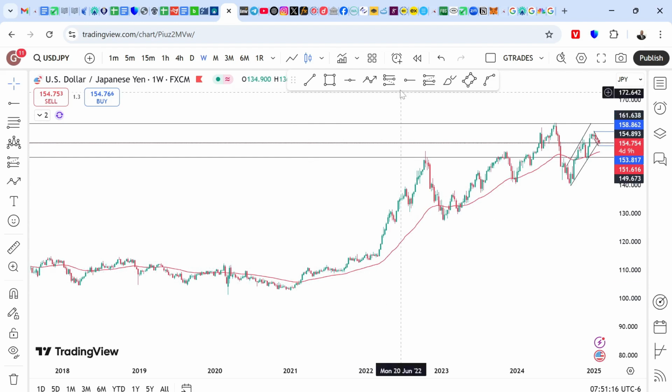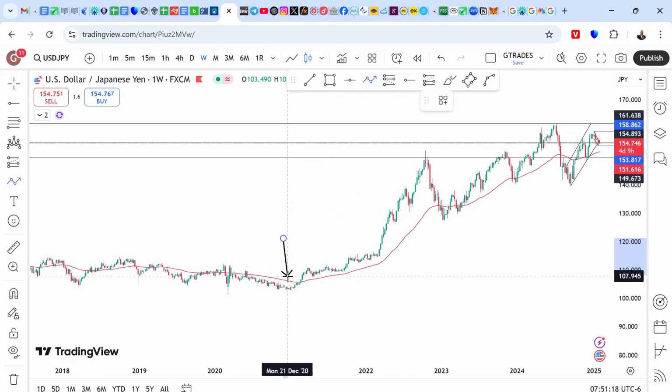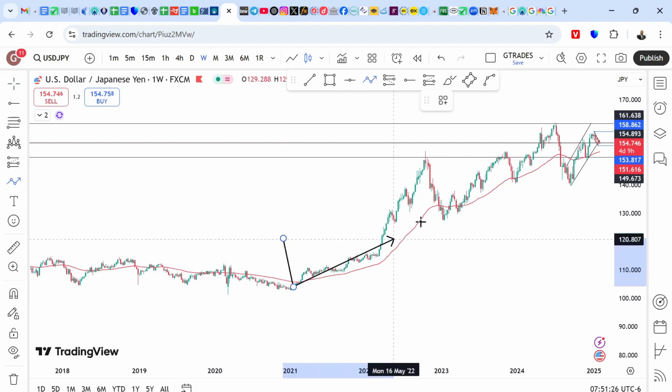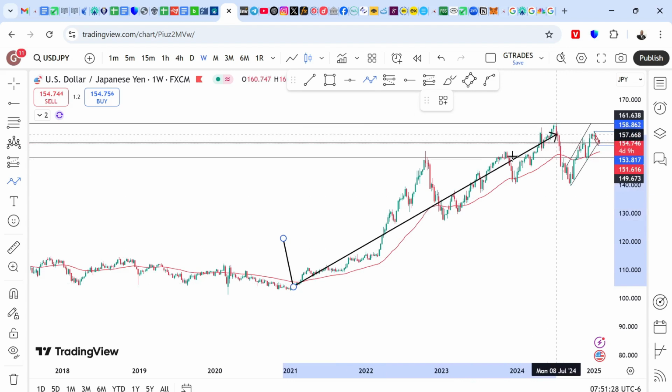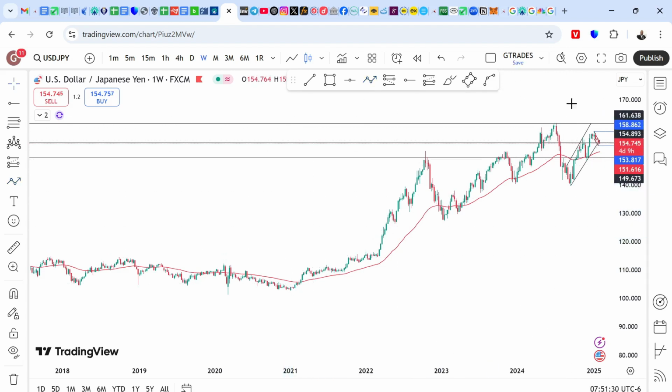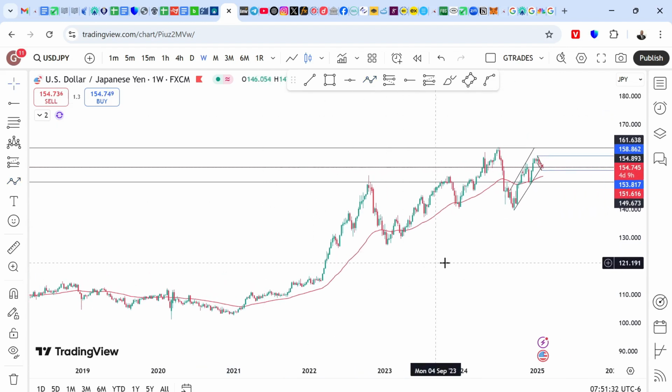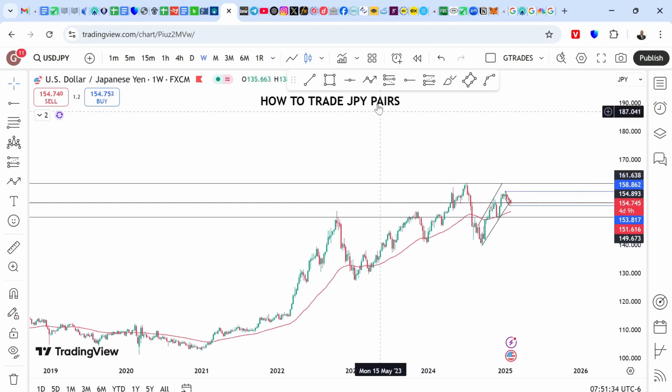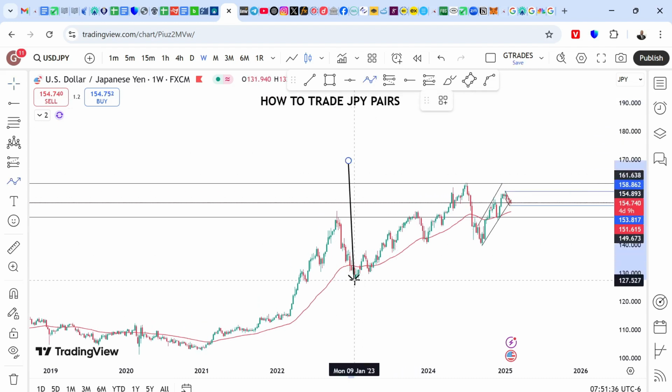Now imagine that was 4 years ago, you bought here and you are still holding. So you can see that you will always be in profit, no matter the pullback that you're having here, you will always be in profit.